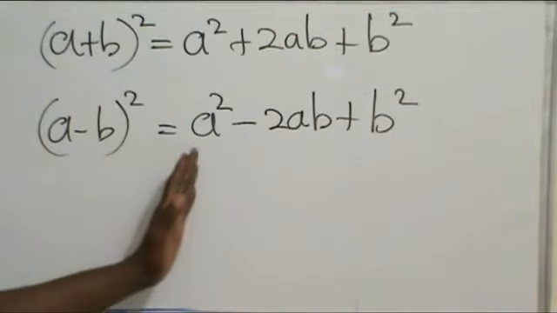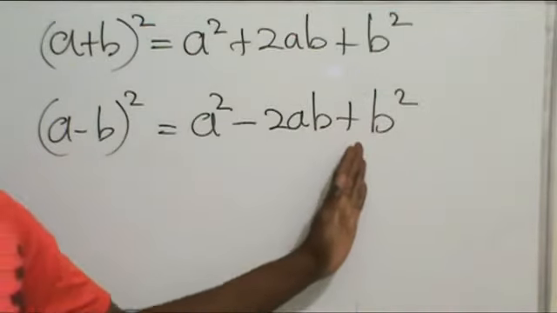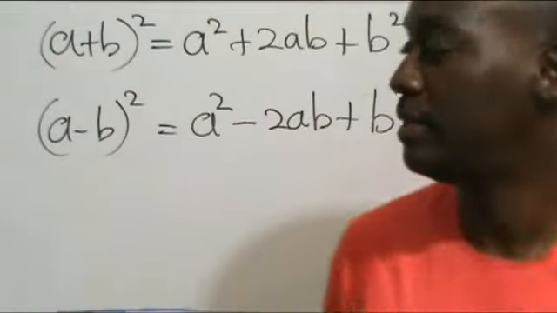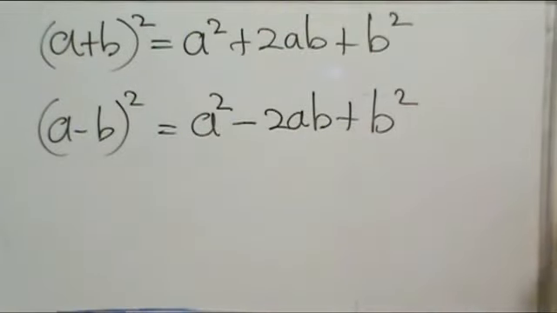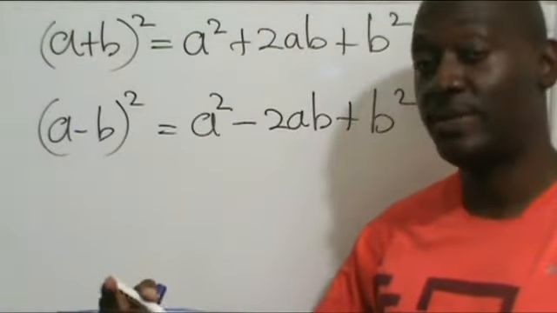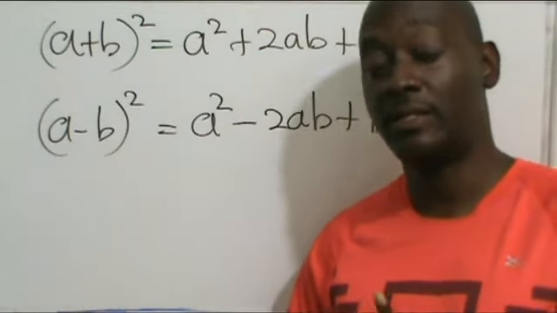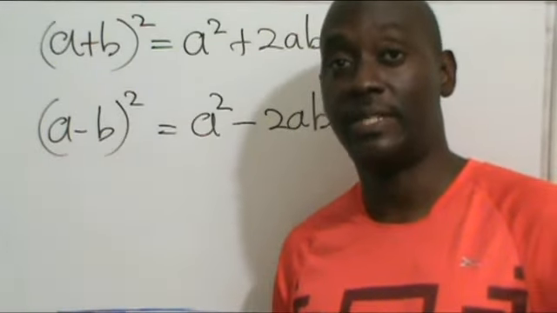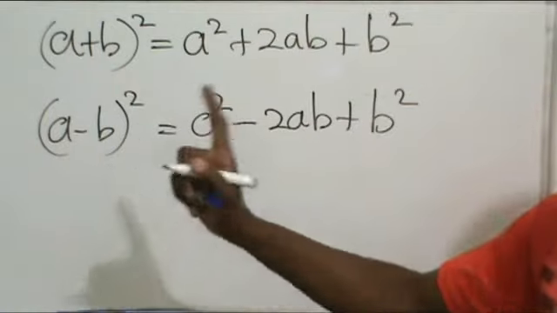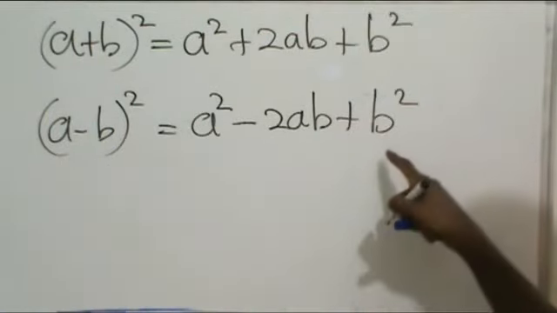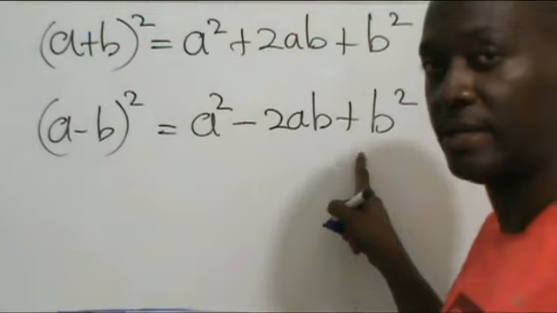So this is not A squared minus 2AB minus B squared, which is an easy mistake to make. The reason being that when we multiplied it out earlier in the video, and you could double check it by rewinding if you need to, we had that minus B by minus B is plus B squared.